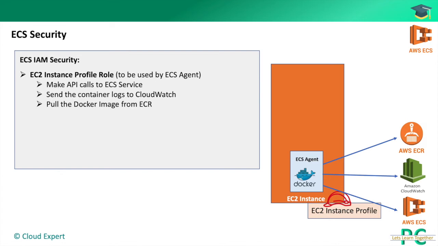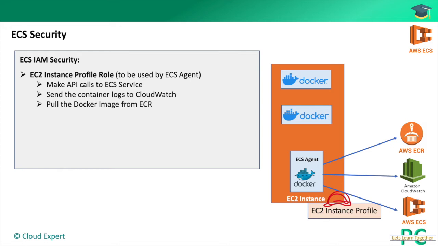With the EC2 instance profile, we can give the required privilege to the ECS agent such that it can make API calls to ECS services. It can send the container log to CloudWatch, and it can pull the Docker image from ECR. Now let's assume I have two different containers running different application tasks, and the containers require different AWS service access to perform their tasks.